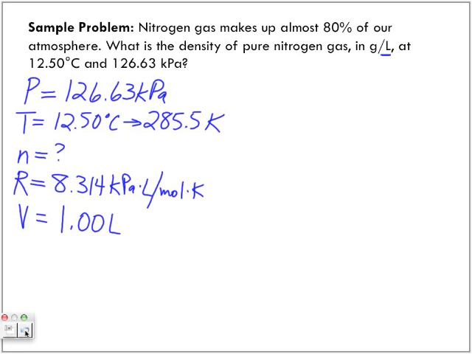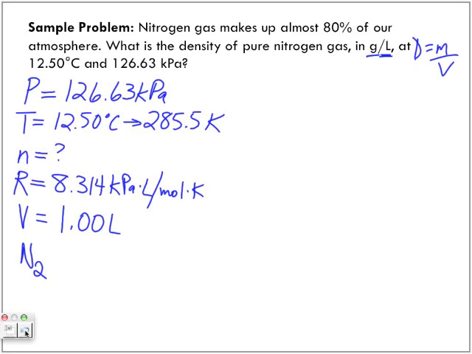Now, to find N, right, we're referring to nitrogen gas. So what bit of information might we want to find about nitrogen gas? Because we're trying to find the grams per liter, right? Because density is equal to mass over volume. So we're ultimately going to need to find the mass. So if we need to find the mass of nitrogen, what bit of information should we have about nitrogen?